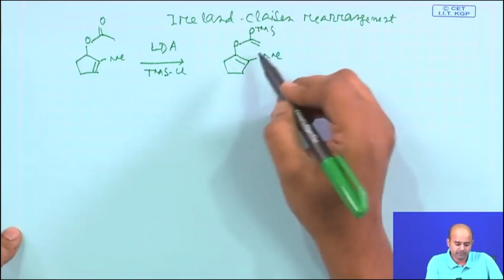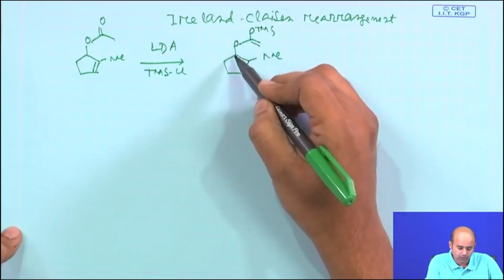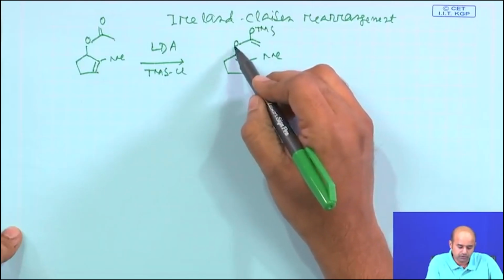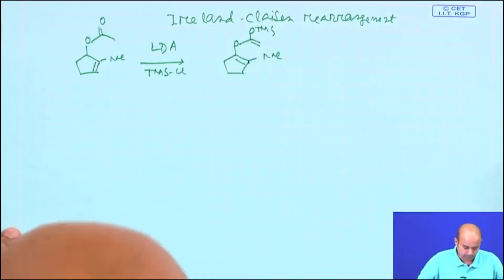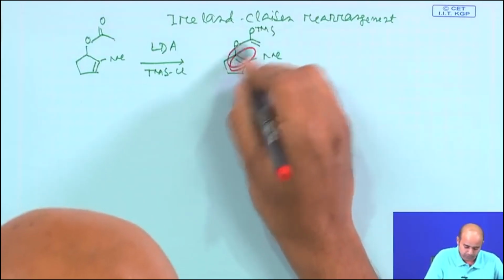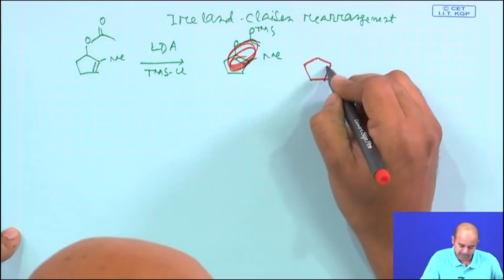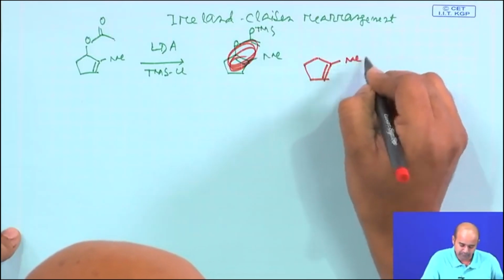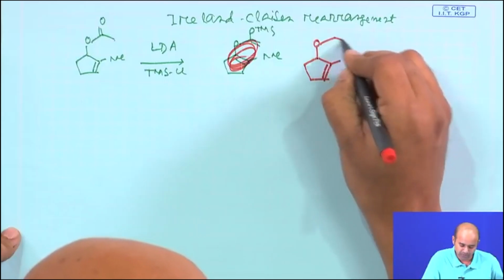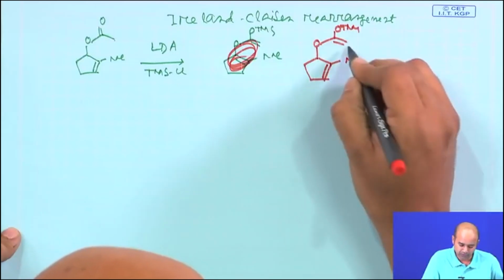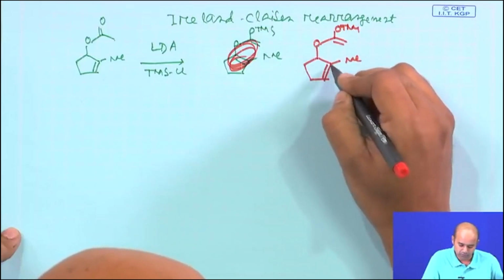Now, you see 1, 2, 3, 1, 2, 3. Oh, sorry, this double bond has been replaced. So, you can have a structure which was initially this, yes, this is the correct structure. So, now see 1, 2, 3, 1, 2, 3.